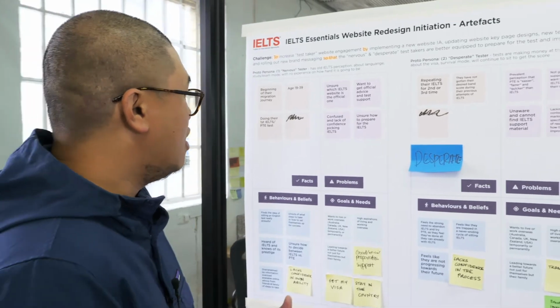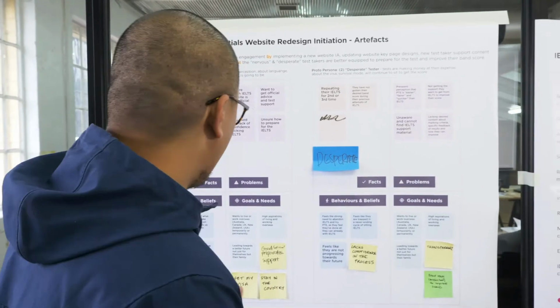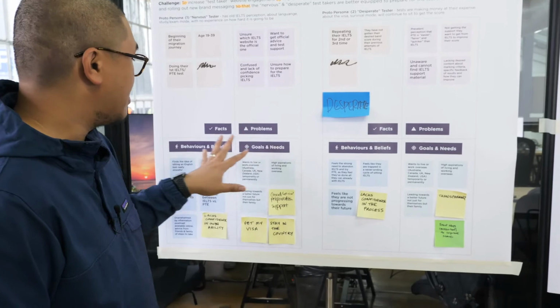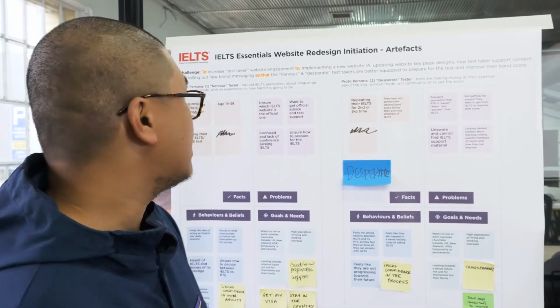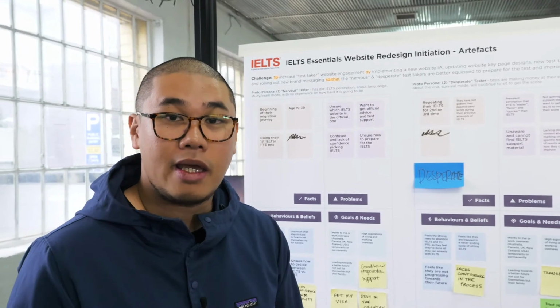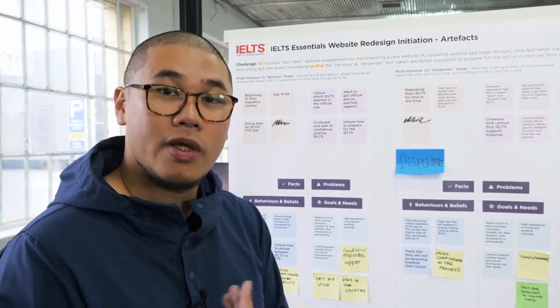Okay, so the things that are important to identify are the facts, problems, behaviors and beliefs, and the goals and needs of each user persona. First, before being able to do that, you've got to identify what the challenge is.